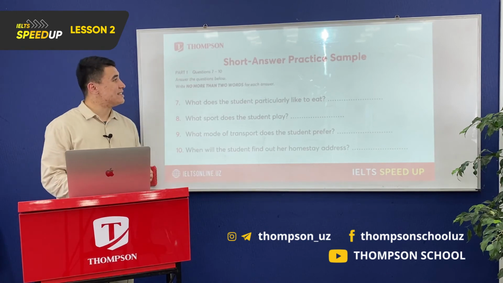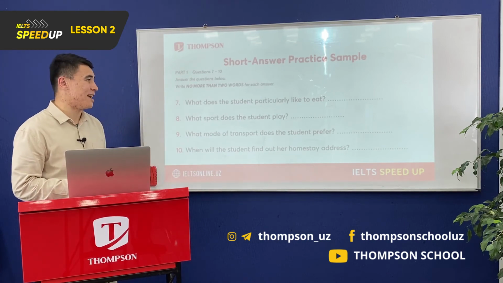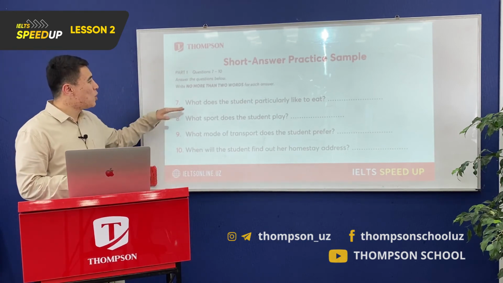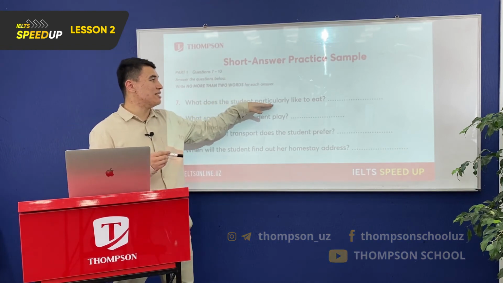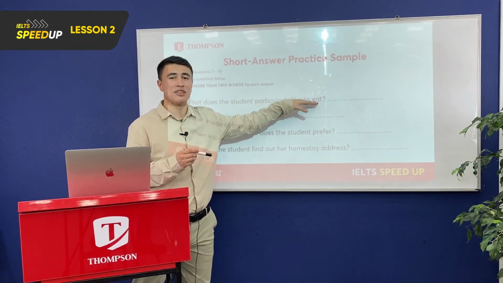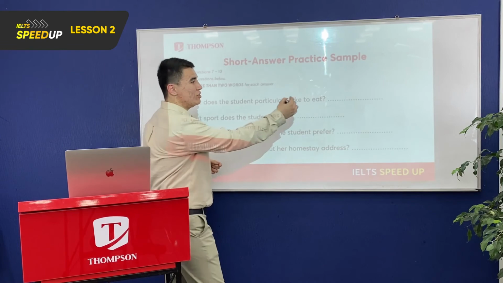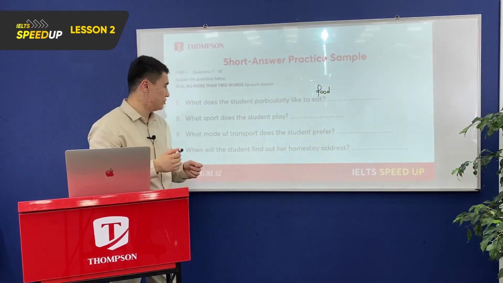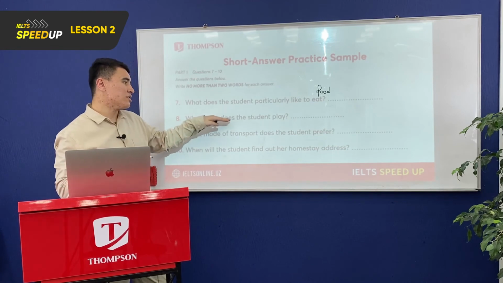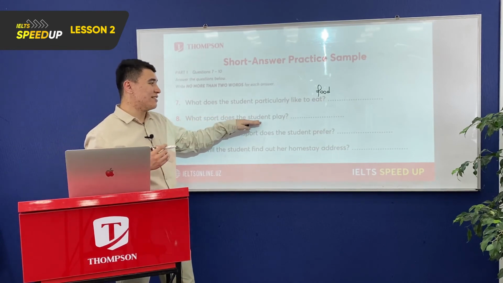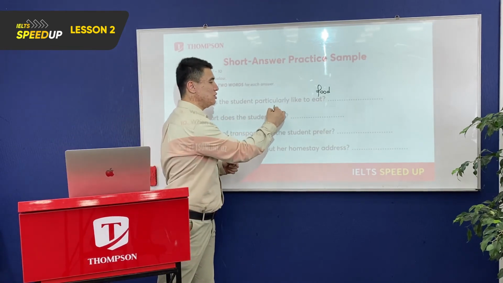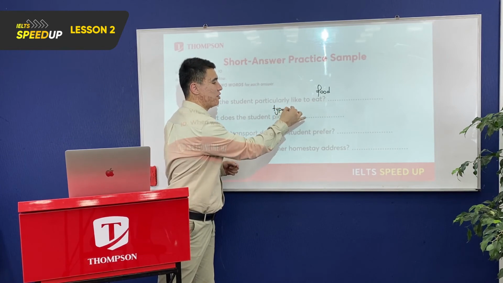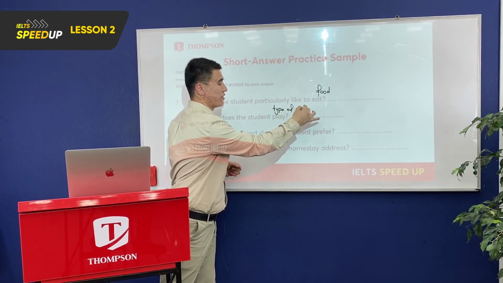So, this is a practice sample. First of all, what does the student particularly like to eat? So, you should write in the type of food. Here, what sports does the student play? So, you should write the type of sport.